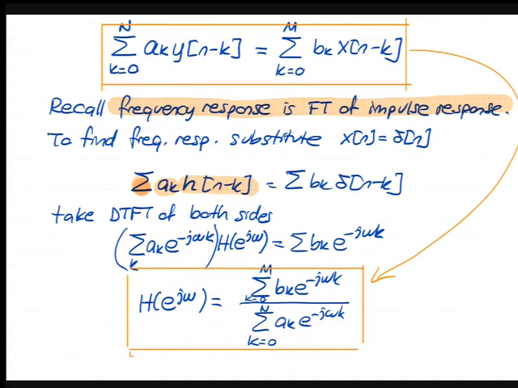So the impulse response was used as a stepping stone in the derivation. In the end, the frequency response is given by that. In fact, if I want to know explicitly what the impulse response of this system is, probably the easiest thing will be to take this frequency response and take its inverse Fourier transform, that is, apply the synthesis equation to it, or use partial fraction expansion or whatever have you, to go back in a simple way.